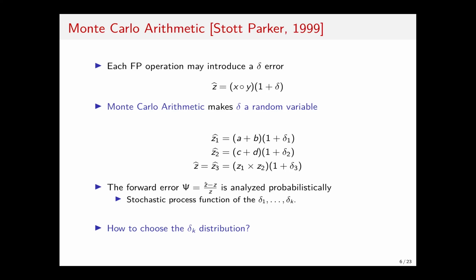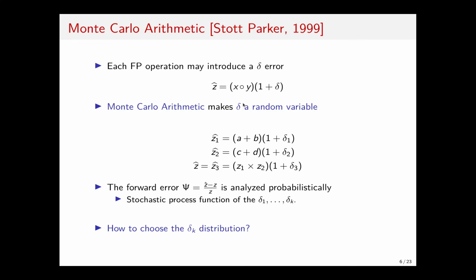As we saw, each floating point operation may introduce a relative error delta. So the idea in Monte Carlo arithmetic, which was first proposed by Stott Parker in '99, it's an old idea. There were already many proposals before that go back to the first computing architectures, actually. But Stott Parker was the first that formalized Monte Carlo arithmetic.